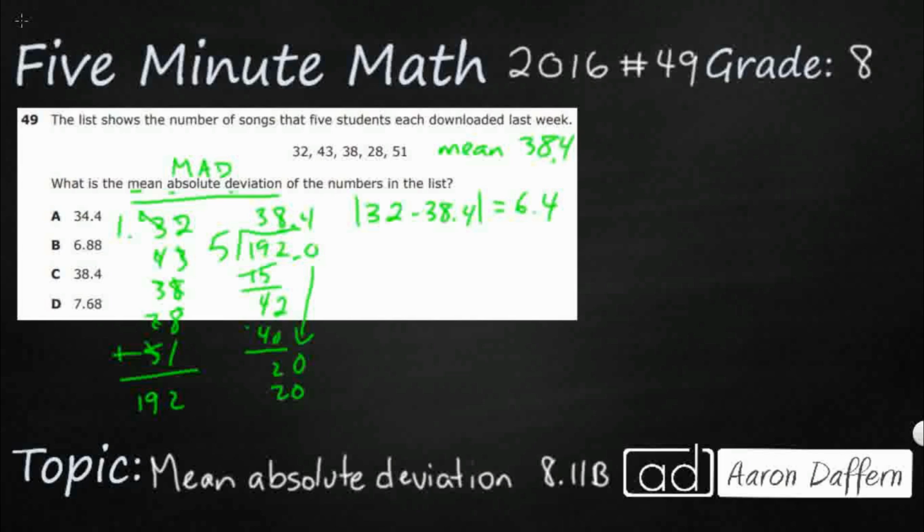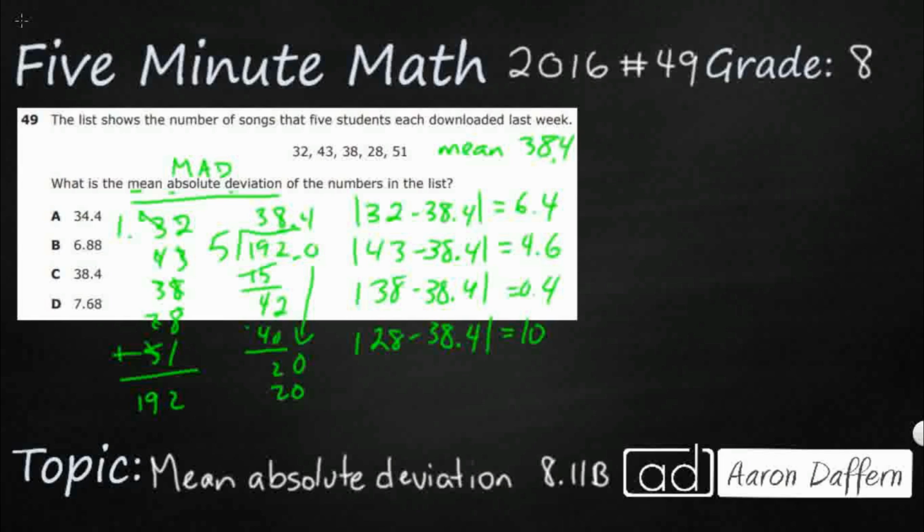Then 43 minus 38.4 is 4.6. Then 38 minus 38.4 is really close, just 0.4. And then 28 minus 38.4 is 10.4.